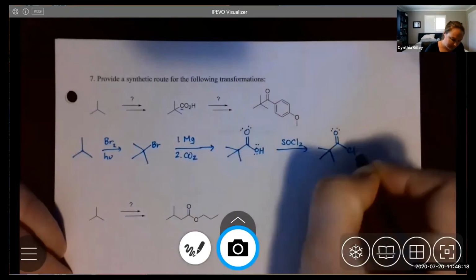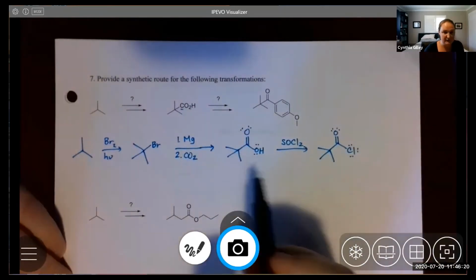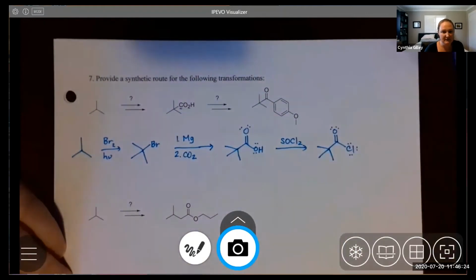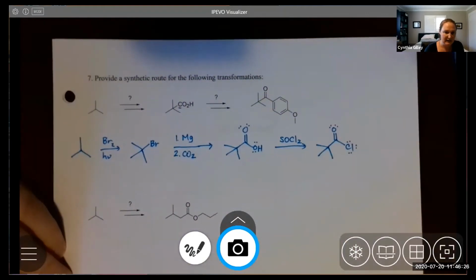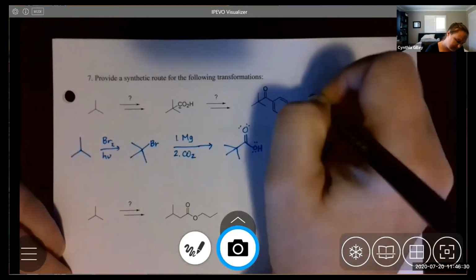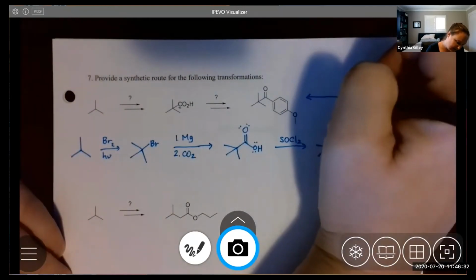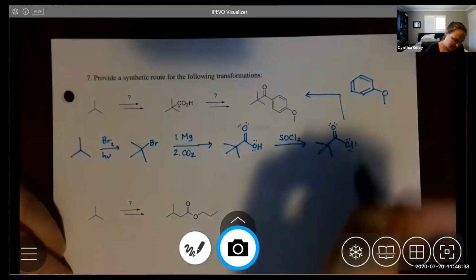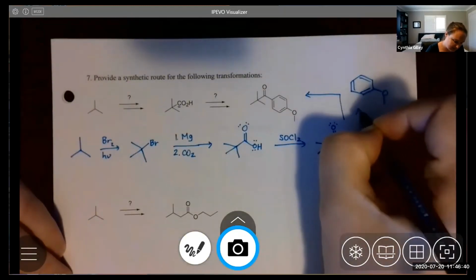But if you just use thionyl chloride and convert it to an acid chloride, now it is really reactive, right? And that can be advantageous. And then from here, we could just do a Friedel-Crafts acylation reaction with anisole. Right, so anisole and a Friedel-Crafts acylation.